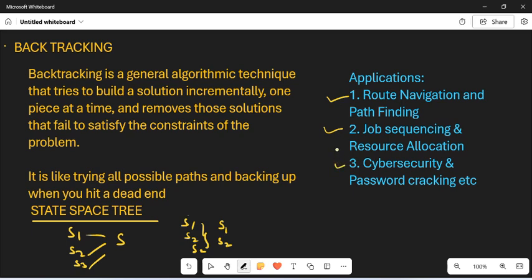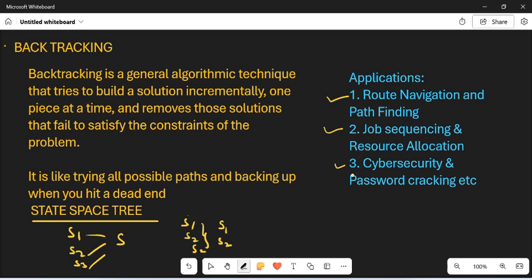In real world applications, we apply backtracking concepts. In route navigation and pathfinding, backtracking helps when trying alternative routes in a city or warehouse if the initial path is blocked or suboptimal.